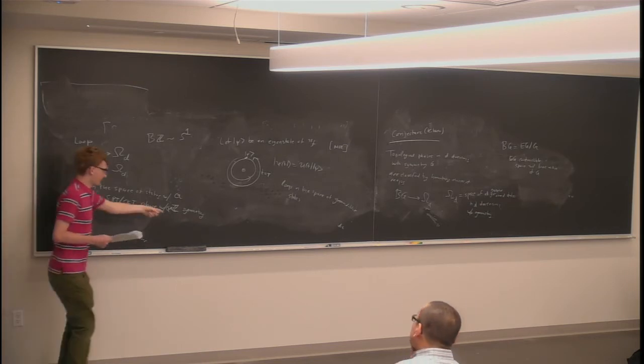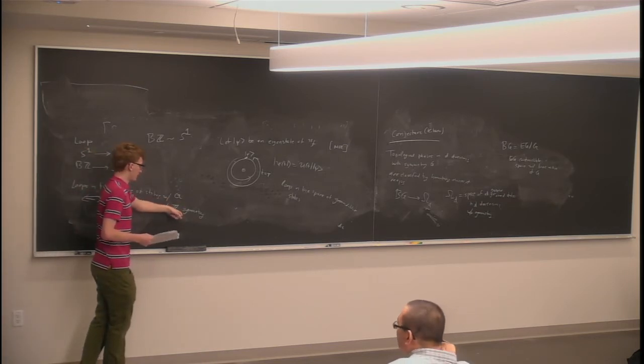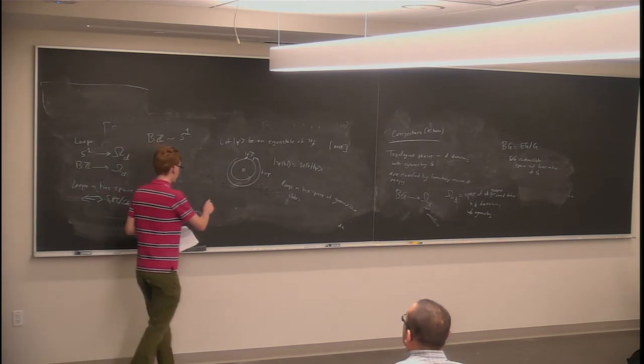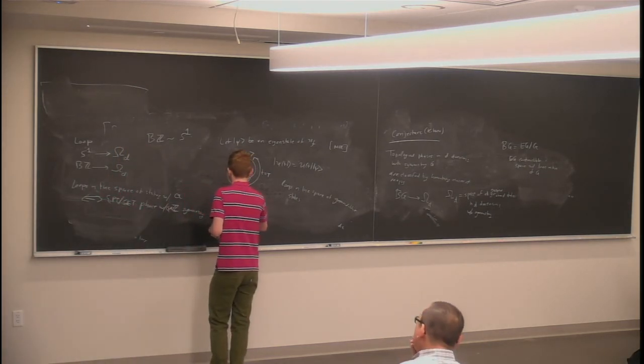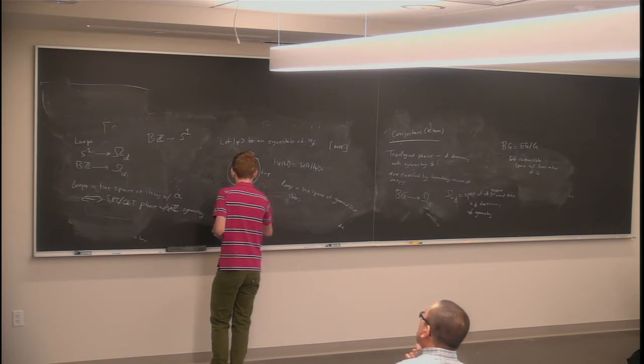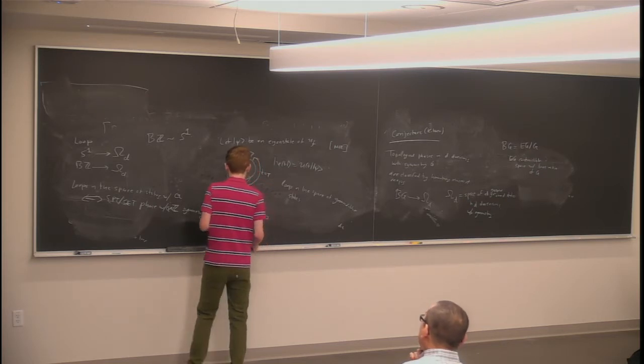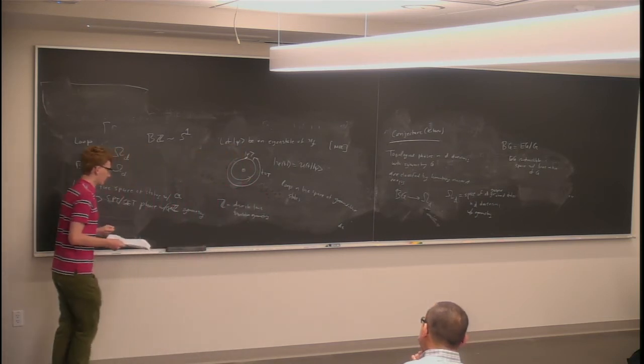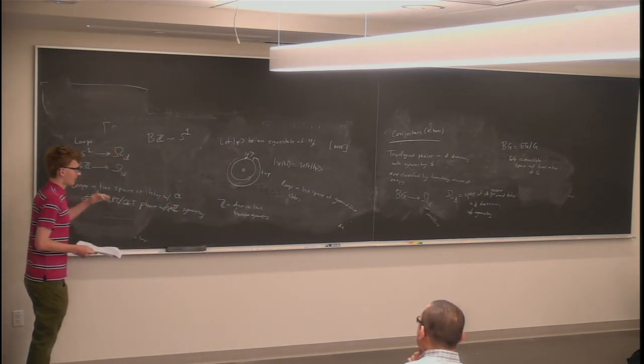So what is the interpretation of this extra Z symmetry? Roughly, it's time translation symmetry.